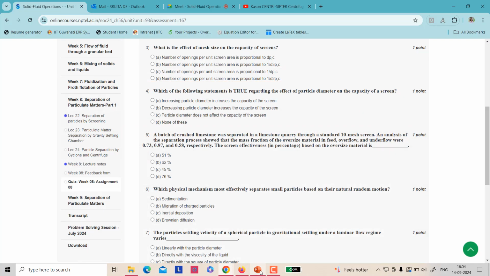So this is just a formula based sum. It is very easy.